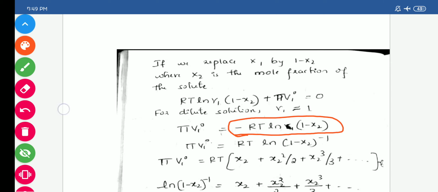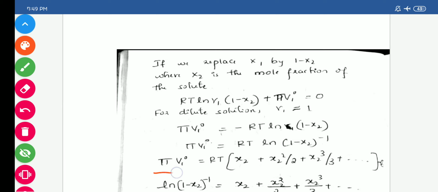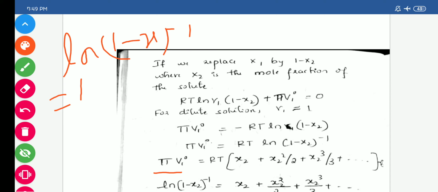How will you write this? You already know that minus ln x can be written as ln x to the power minus 1, or ln 1 divided by x. So I wrote RT ln 1 minus x to the power minus 1 in the next step. Then pi v naught is equal to RT times ln 1 minus x to the power minus 1, and this expansion will be x plus x square divided by 2 plus x cube divided by 3, and so on.